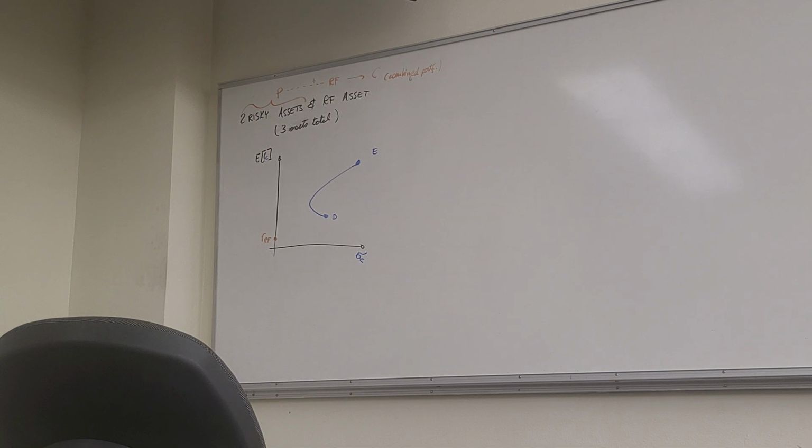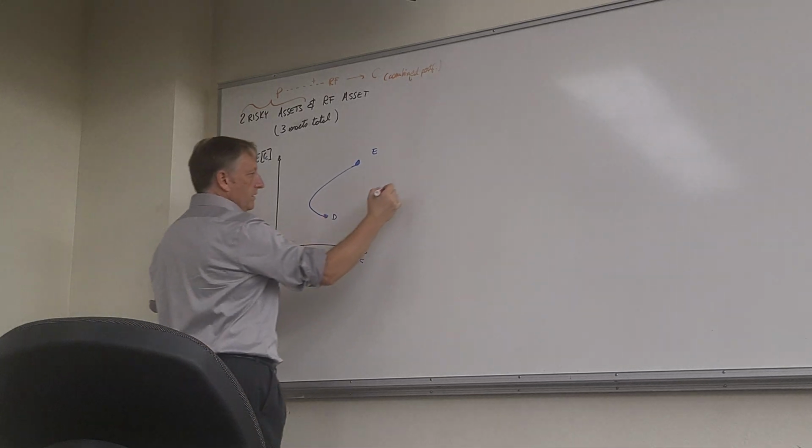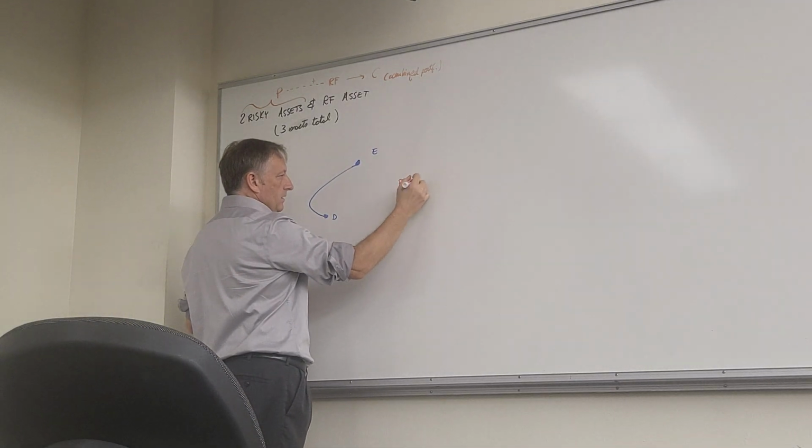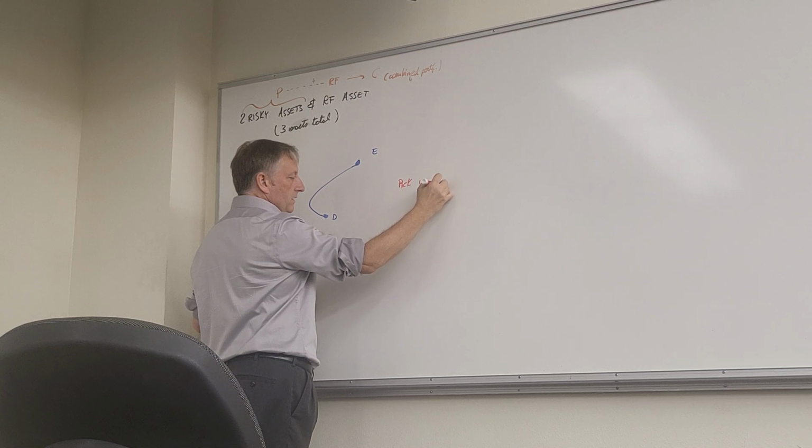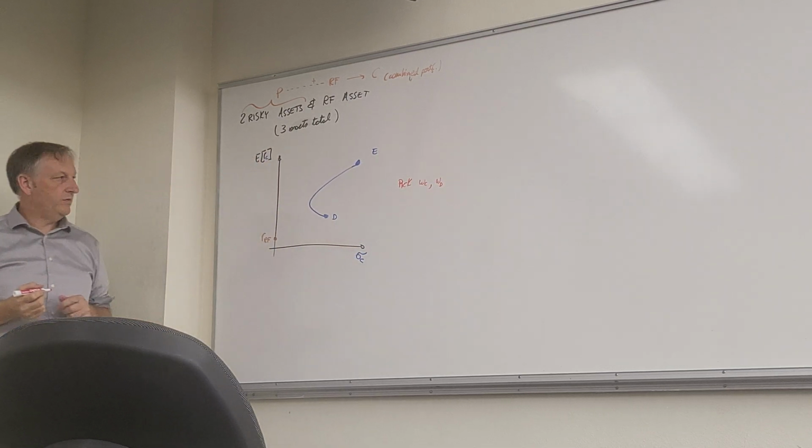So if I want to find the ideal mix of those 3 things, one way to handle it could be: I can pick some weight WE and therefore some level of WD.